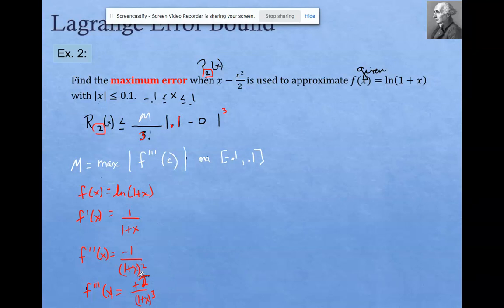So I need to take this function up here, use your calculator, make your window negative 0.1 to 0.1, and look at the max. Don't forget you're taking the absolute value of that. So it's going to look like this.